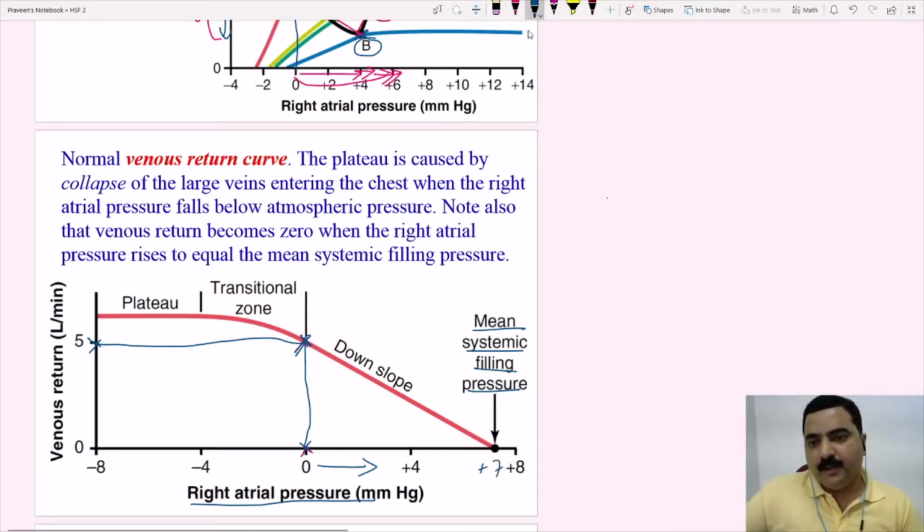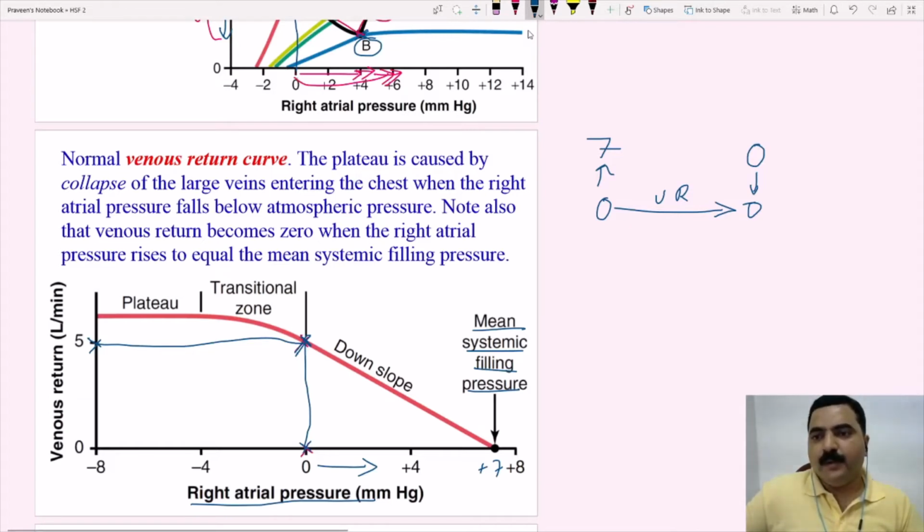Blood always flows from a high pressure to a low pressure. That means the mean systemic filling pressure should be 7 and the right atrial pressure should be 0. Then only the venous return can come from the periphery to the heart. So 7 to 0, high pressure to low pressure.